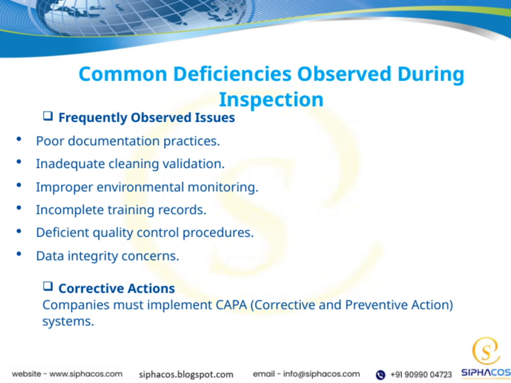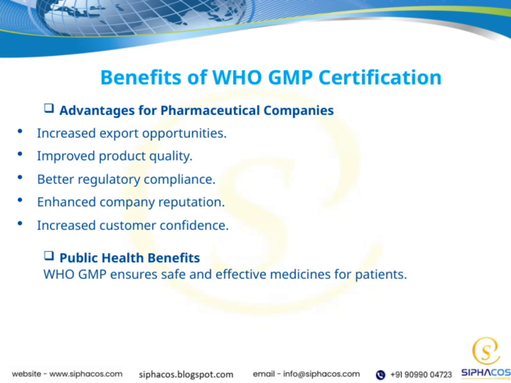Let's take a moment to look at the benefits of WHO GMP certification, starting with what it means for pharmaceutical companies. One major advantage is increased export opportunities. When a company is GMP certified, it can access new markets more easily because it meets international standards. This opens doors to more business and growth.